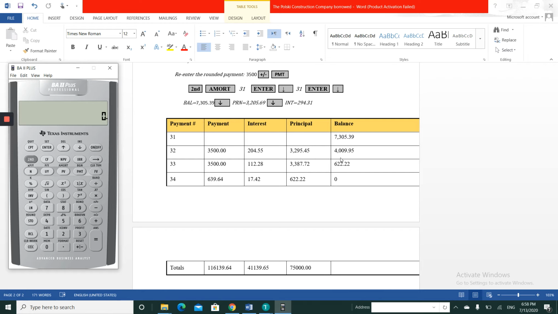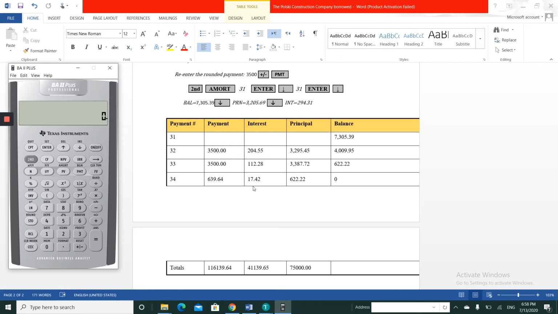First, I need the unpaid balance before the last payment, which is $622.22. If I multiply the unpaid balance by I, the periodic rate of interest, I can find the amount of interest for the last payment.